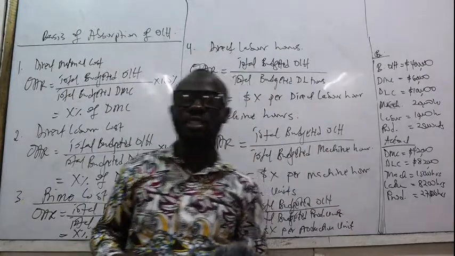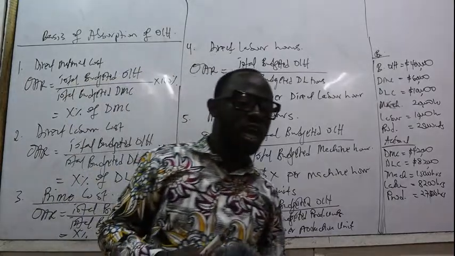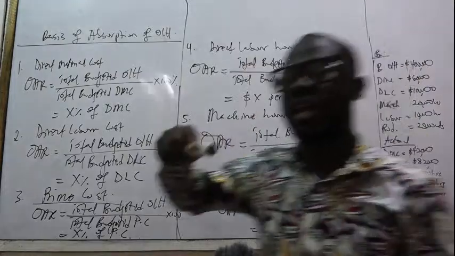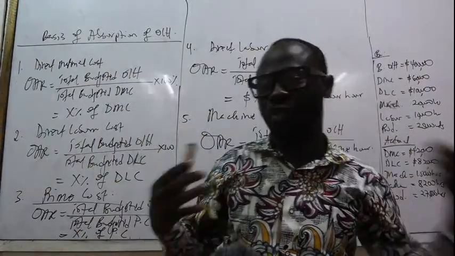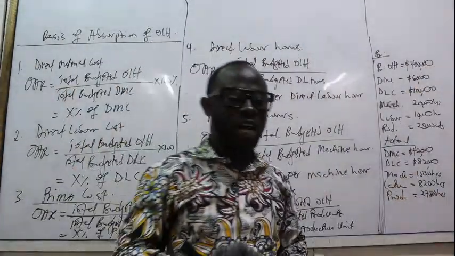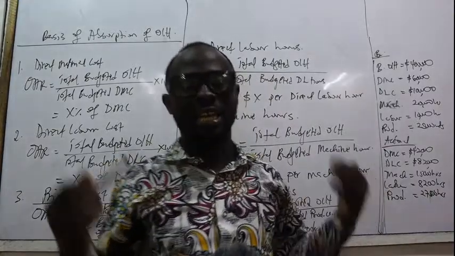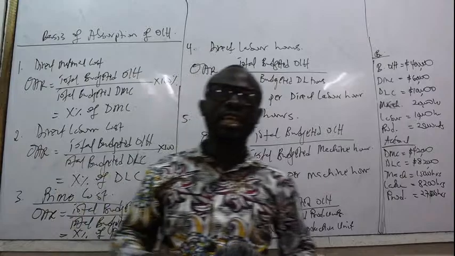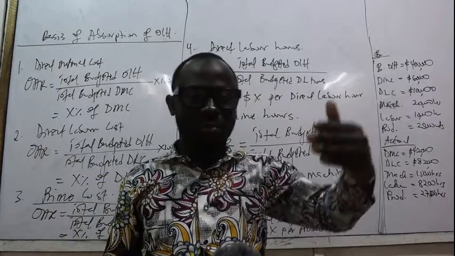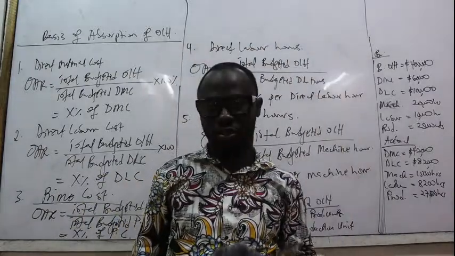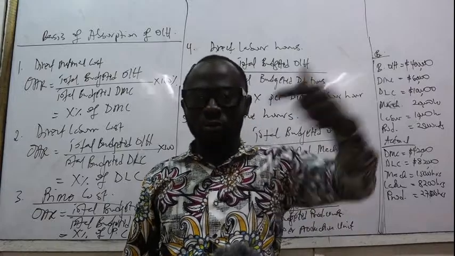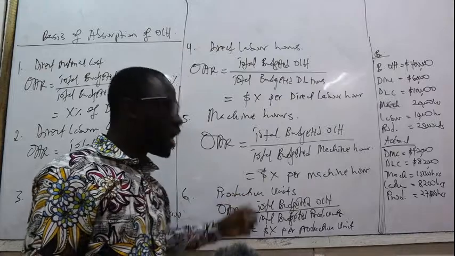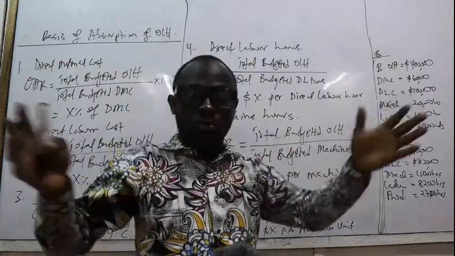Now to the question that Patience asked about which of them should be used when and why, or what should be the motivating factor in deciding which of them can be used. Number one, if the entity can measure reliably the output of the product, so if outputs are measured reliably, then we can use the production unit to absorb the overheads.